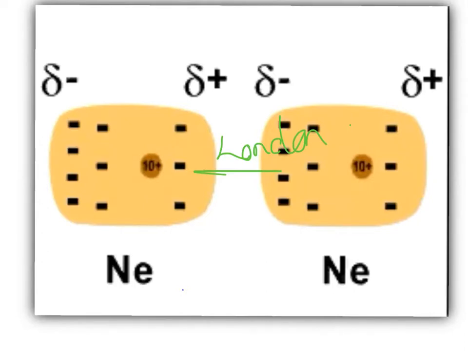What is this between? One neon atom and another neon atom. Remember, the noble gases do not bond, but if they're a solid, they need to somehow be attracted to each other, and they are attracted to each other by a London force because of this electron cloud wobble.